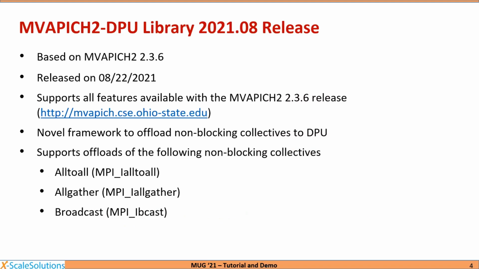This library, the MVAPICH2 DPU library version 2021.8, is totally compatible with the open source MVAPICH2 2.3.6. That's the latest open source version available on the internet, and it supports all features of this library.